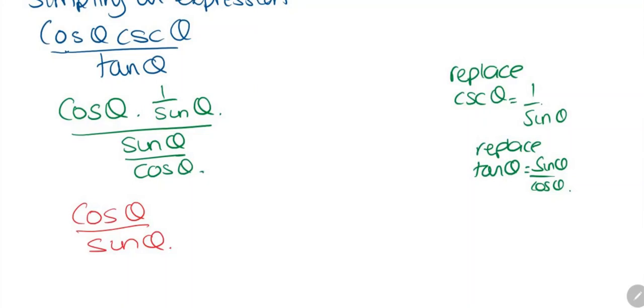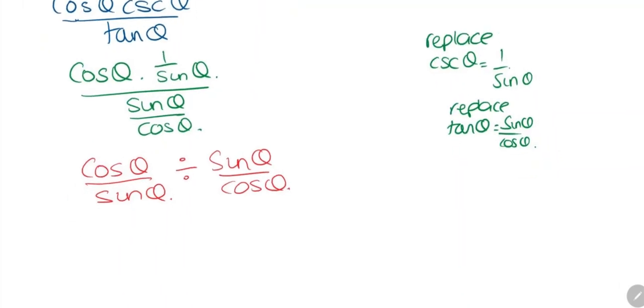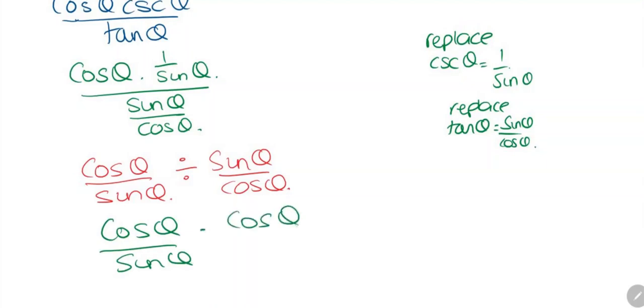And then we're dividing by sine over cosine theta, what we can actually do is just flip that. So that becomes cosine theta over sine theta multiplied by cosine theta over sine theta.